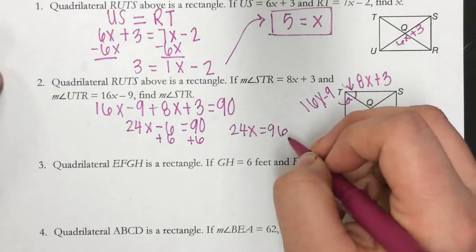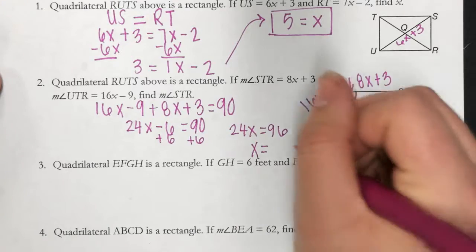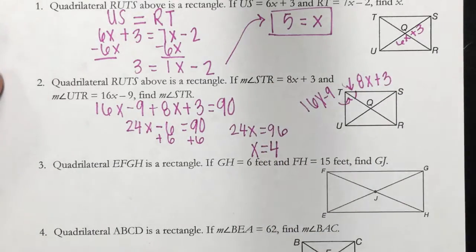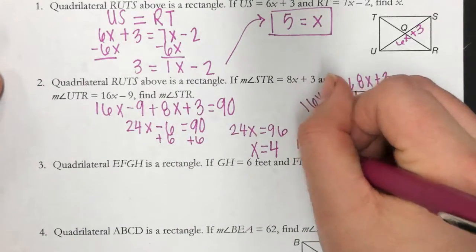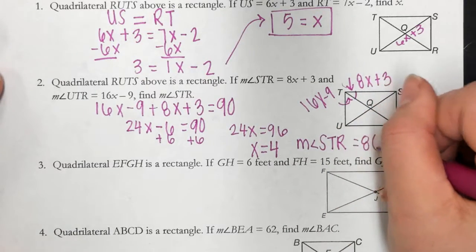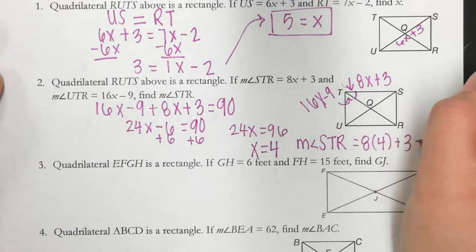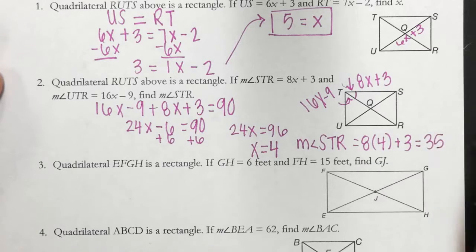Divide 96 by 24. 4. Okay, but is that what I was looking for? I found x, but I'm supposed to be finding the measure of angle STR. Plug it back in. So 8 times 4 plus 3 is equal to 35. This is my answer.